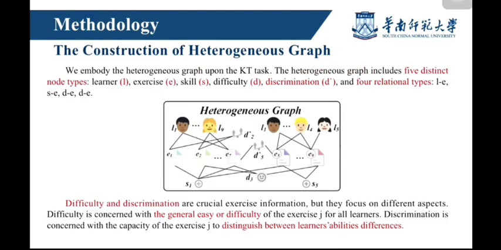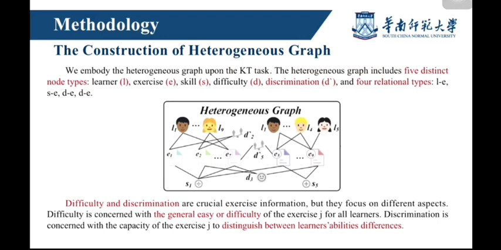Next, I will introduce the DCL part. As shown in the figure, the heterogeneous graph includes 5 distinct node types: learner, exercise, skill, difficulty, discrimination, and 4 relational types. More importantly, difficulty and discrimination are crucial exercise information, but they focus on different aspects.